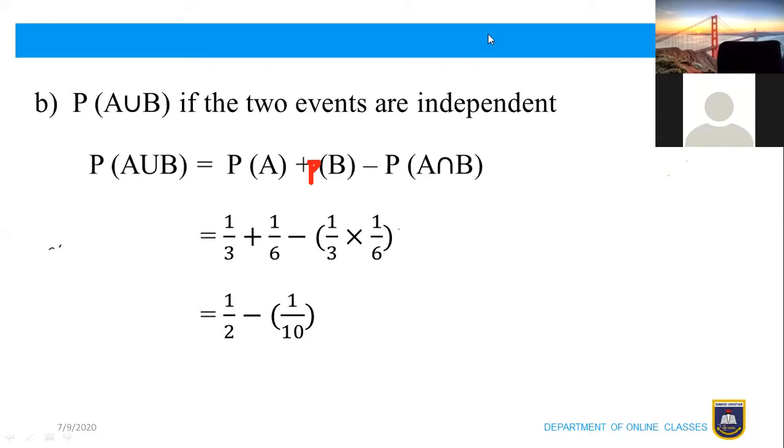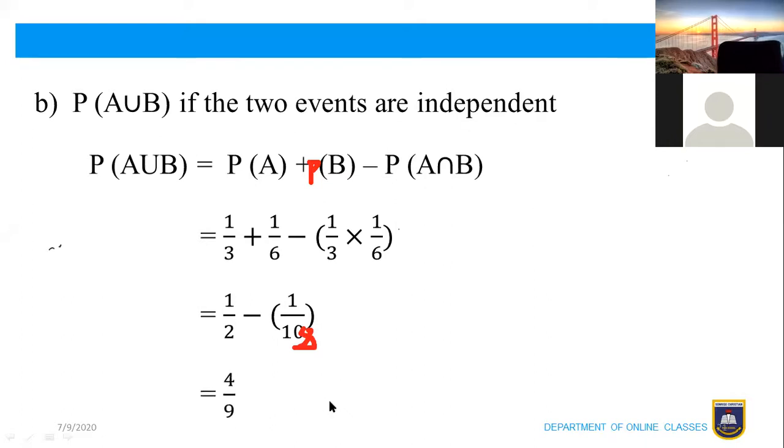It should be 1 over 18. Please check it here. This 0 should be 8. So if you solve everything, half minus 1 over 18 will give you your final answer.